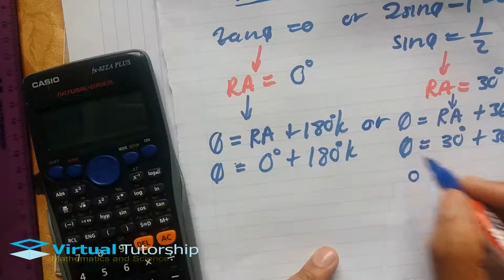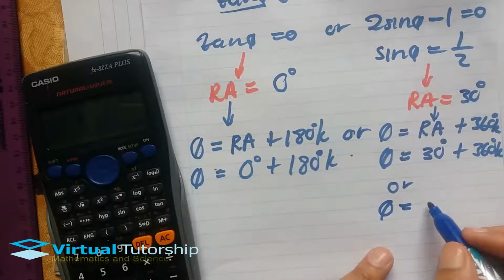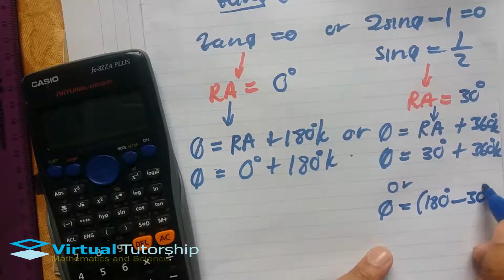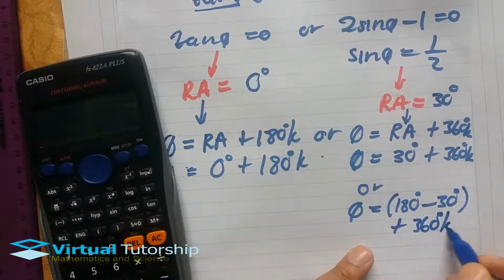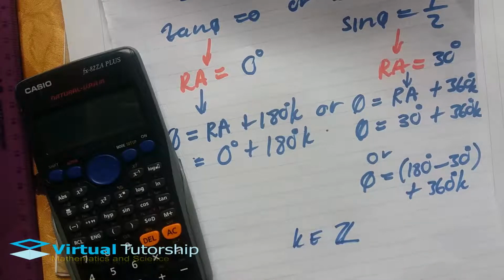Or another solution can be 180 degrees minus reference angle plus 360 degrees k, where k is an element of integers.